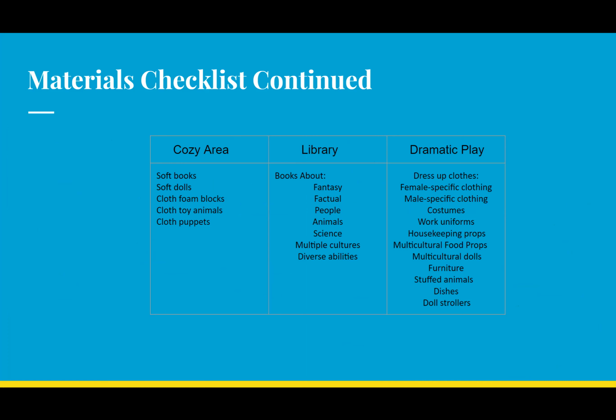And then in dramatic play, having different types of dress up clothes. So maybe there'll be work uniforms or different props, such as housekeeping props, multicultural dolls and food, stuffed animals, doll strollers. So just having a variety of items for the children to pick and choose to play with.